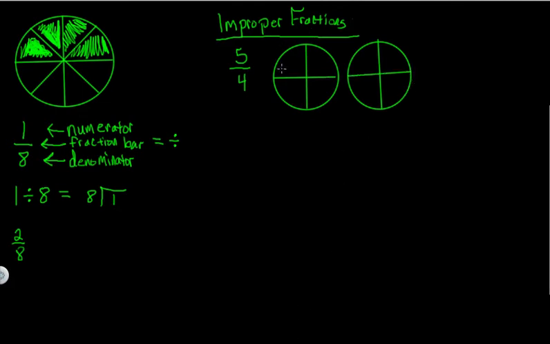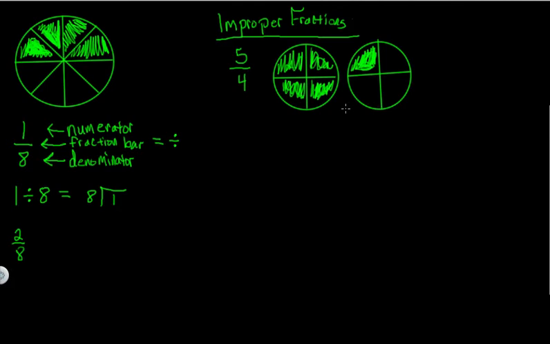So if we shade, there's 1/4, this will be 2/4, this will be 3/4, this will be 4/4, which is 1 whole pie, and then 1 more piece. This gives us 5/4.